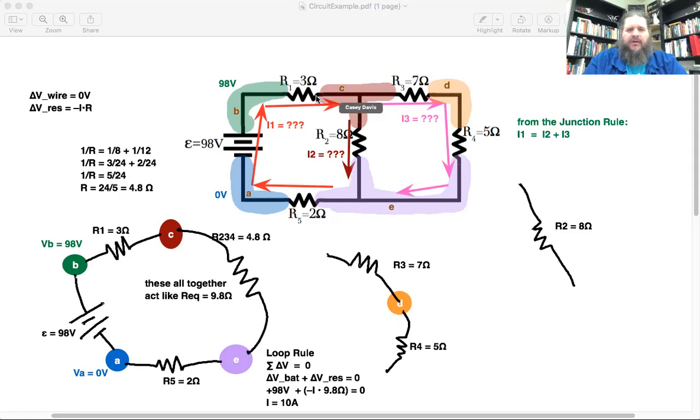And in the original circuit, which one of these three currents is that 10 amps going to represent? What's the one part of this circuit we didn't simplify? We didn't combine with anything. We combined all the resistors together, but what's the one piece of this circuit we didn't have to simplify?